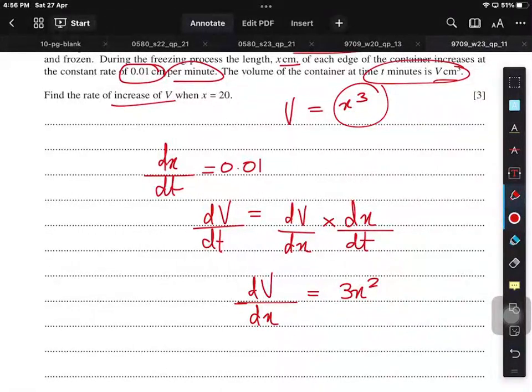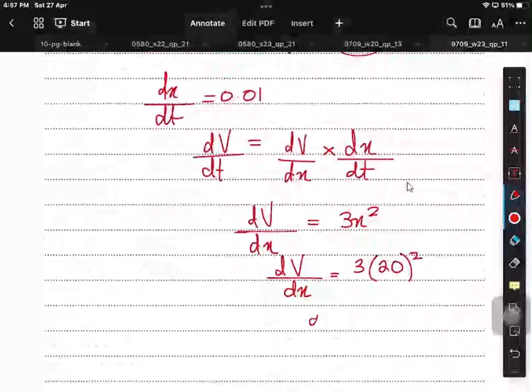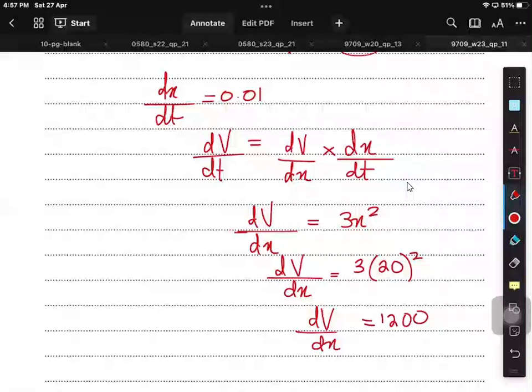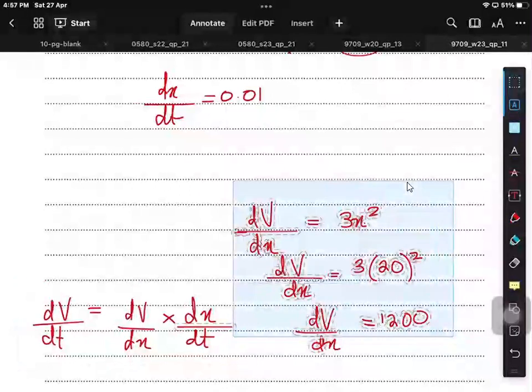Now, in order to find dV over dx at the point where x is 20, we can just substitute the value of x as 20, and then 20 squared is 400. So 400 times 3 is 1200. So our dV over dx is 1200. Now we have to find dV over dt.